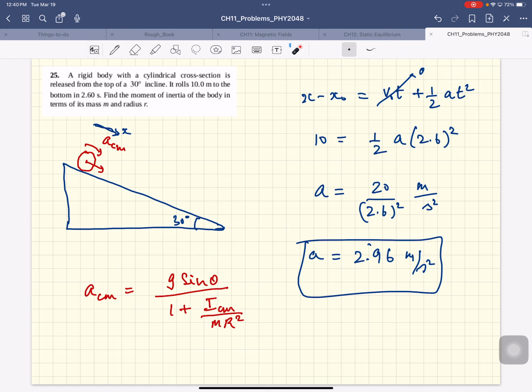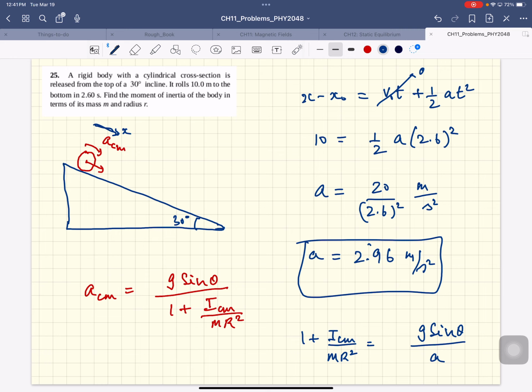So 1 plus I center of mass over m r squared equals g sine theta divided by a. We just found a.